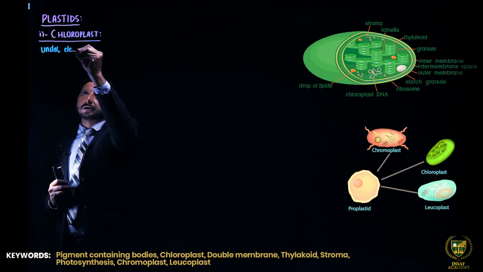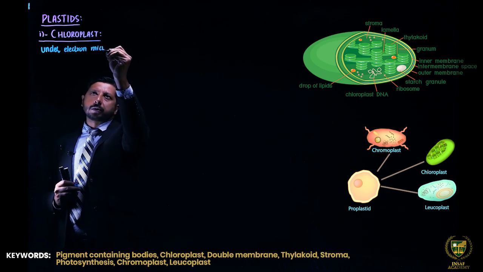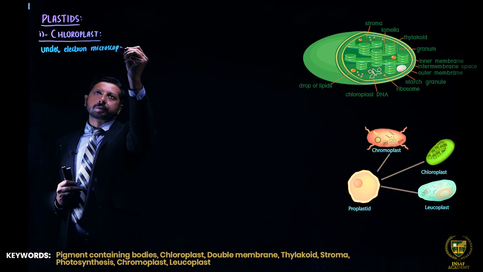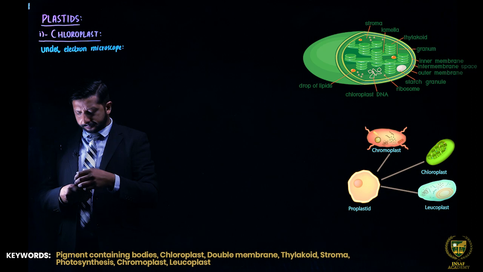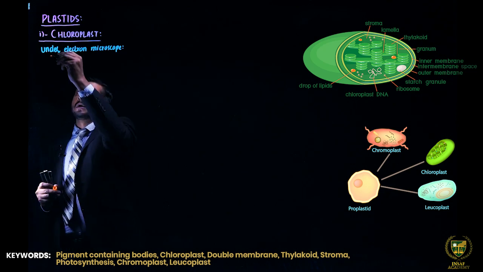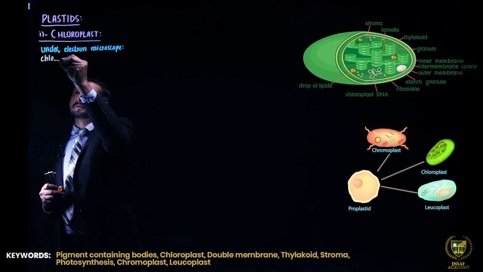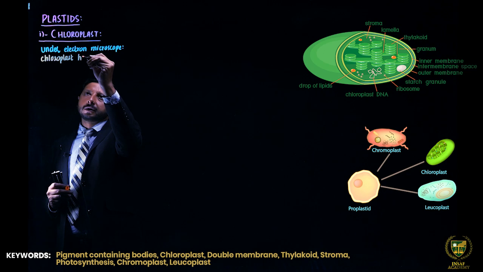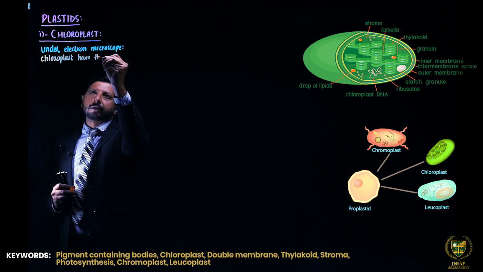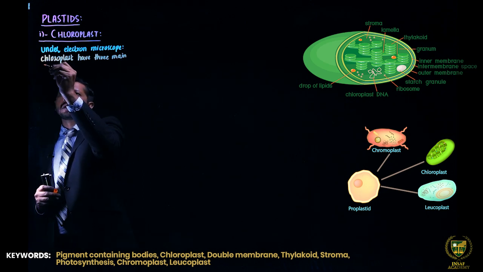Under electron microscope, the chloroplast has three main components.